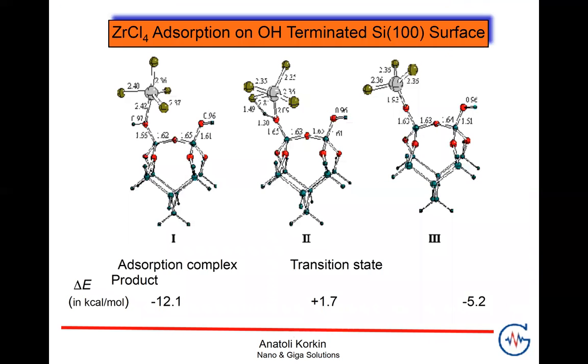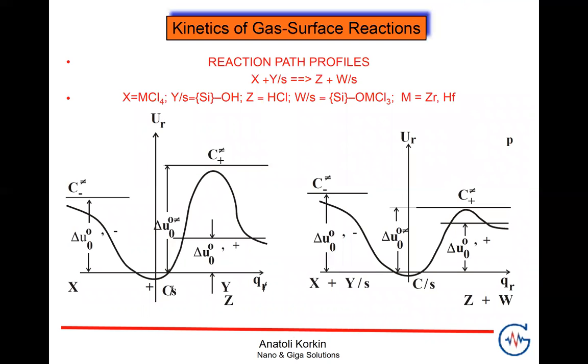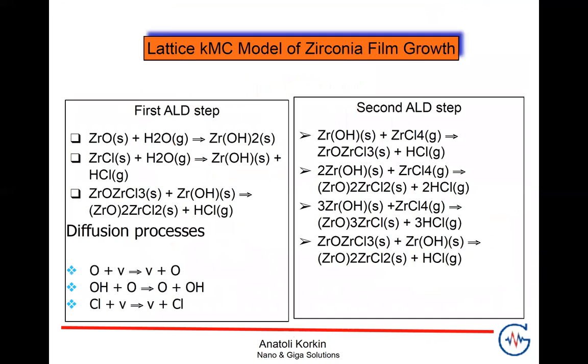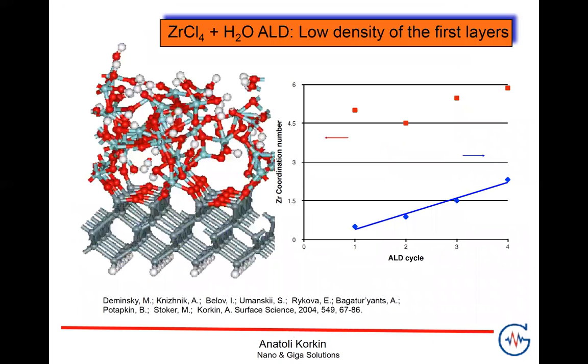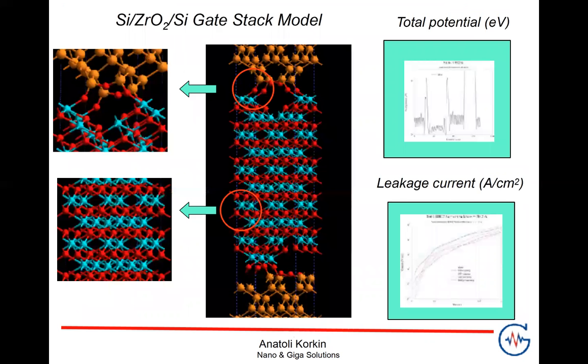So this is just an example of our cluster type calculation in order to derive the energy of initial and final stages of elementary reactions, in this case for zirconium oxide deposition. This helps us to design the kinetics data, which we then use in an approximation for the lattice kinetic Monte Carlo model of overall deposition, which resulted in modeling the initial stage of the zirconium oxide deposition on silicon.